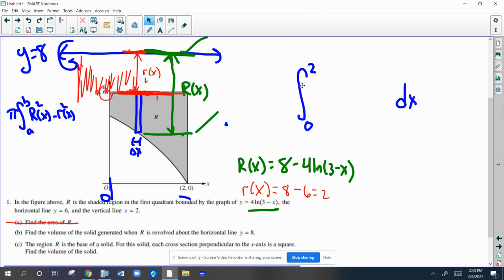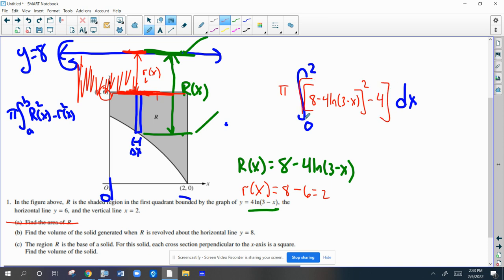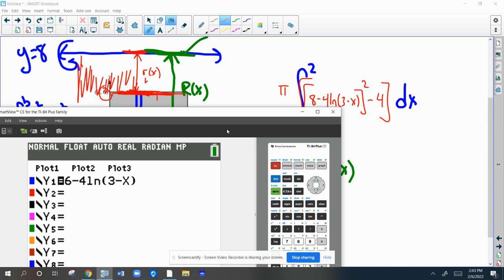So we're done. We just now have to calculate, and this is a calculator question. So what I'm going to do is, this is pi times r of x squared. So 8 minus 4 ln of 3 minus x, squared, minus 2 squared. Parentheses are a little off there, but that should work. It's a calculator question. I'm going to go right to the calculator.